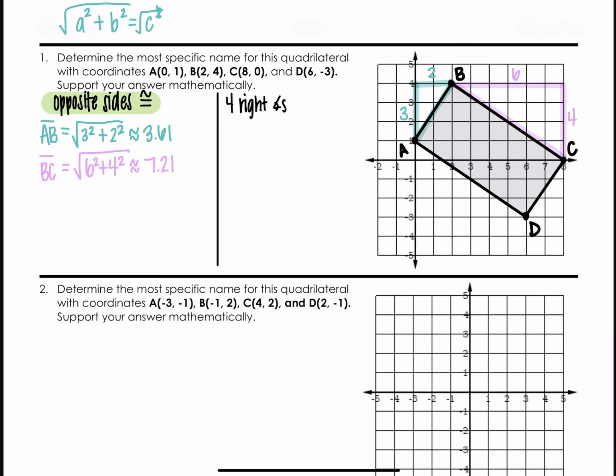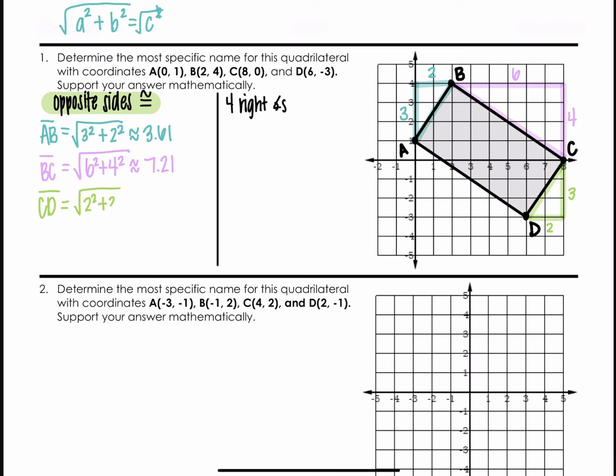The next side that I have, CD, go ahead and box it in. And maybe right away before you start writing anything, you notice that that triangle matches AB above it.